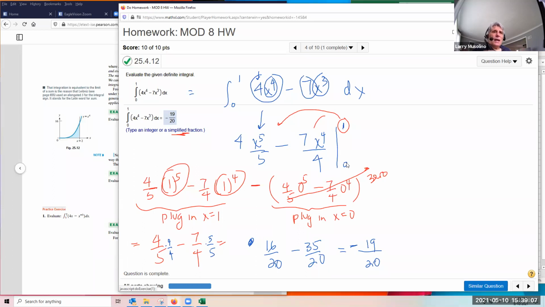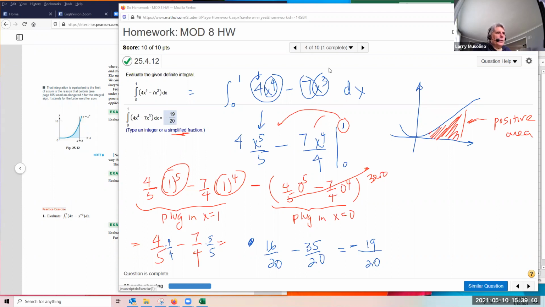Now, what does it mean when an area is negative? Well, it turns out that if an area extends below the x-axis, the area is considered negative. So when you see a negative sign for these definite integrals, it's really an indication that the area you're calculating is below the x-axis. Let me give you an example. If I was calculating this area in red, this would be a positive area.